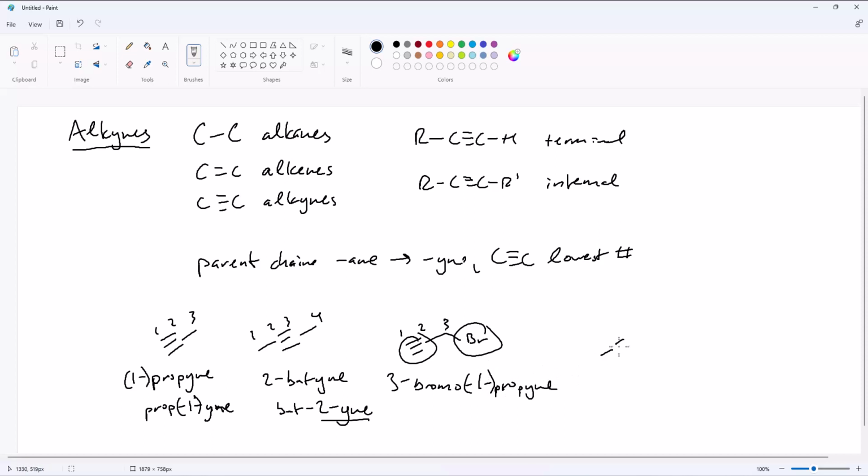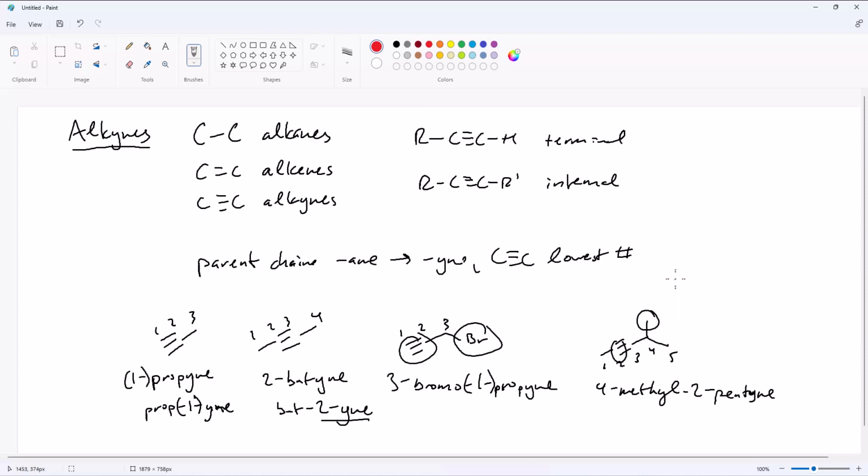And finally, if we had an internal alkyne with this structure here, we are going to prioritize the alkyne, so that would be 1, 2, 3, 4, 5. So we have a 4-methyl and a 2-alkyne. So we'd have 4-methyl-2-pentyne.